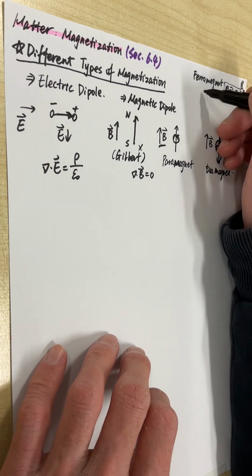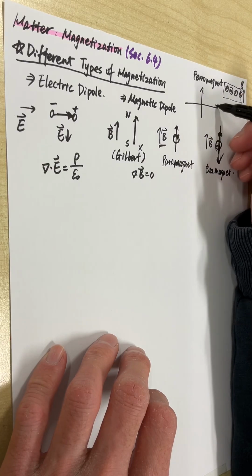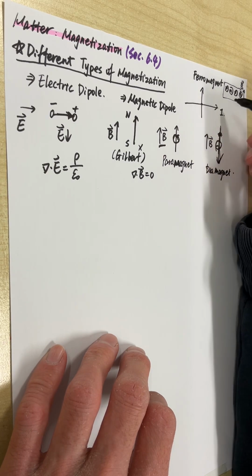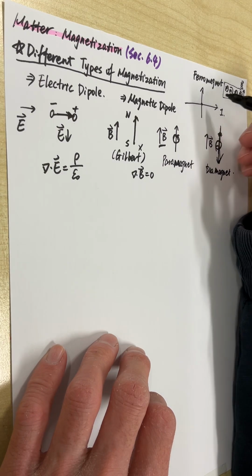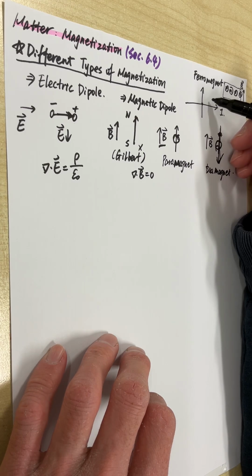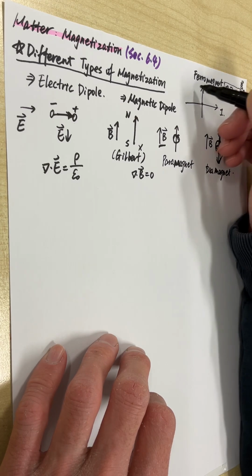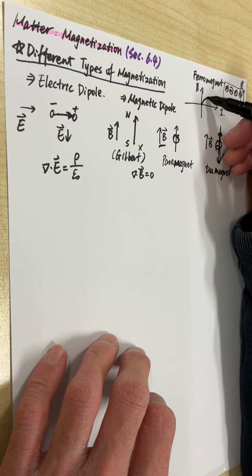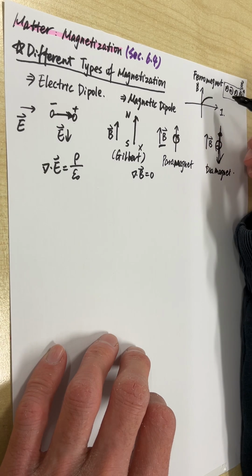So what happens is like this. You have current. When current equals 0 and then you increase the amount of current, you have an induced magnetic field like this, and then it goes to the saturation point.